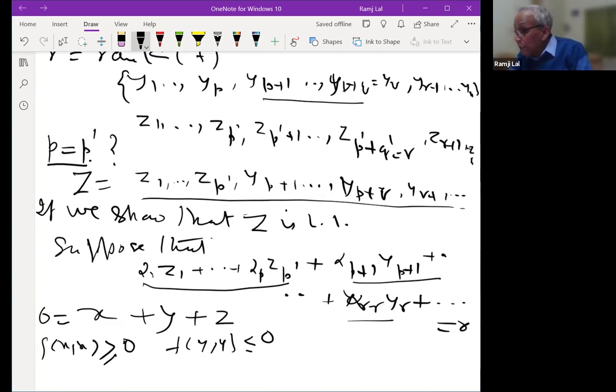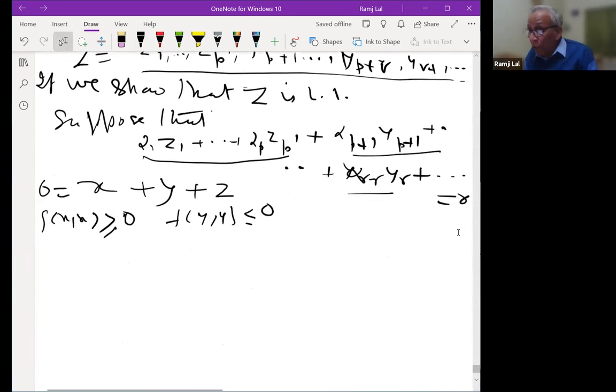And what about this z here, the latter one? This is in the null space here. You see, this is in the null space because it is orthogonal to each member here. So this is indeed what one calls the annihilator, so to say. So that is 0 here. So therefore, you take x plus y plus z is equal to 0.